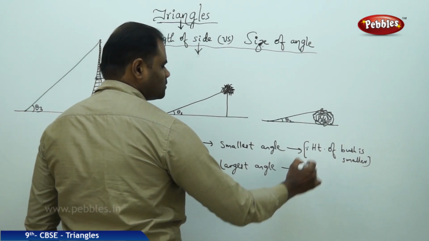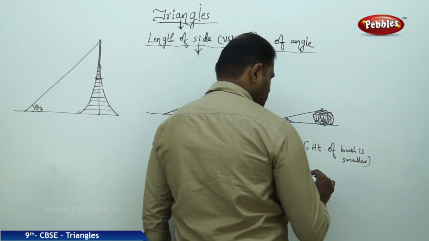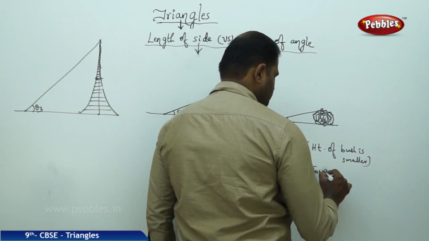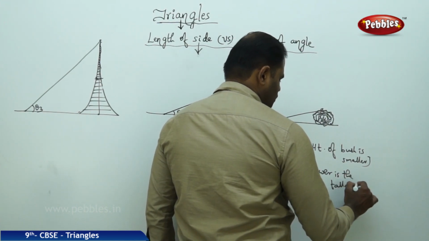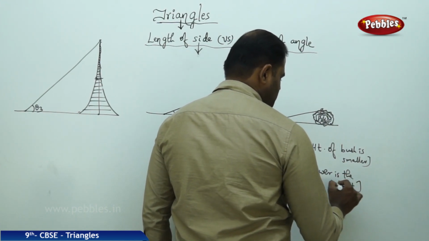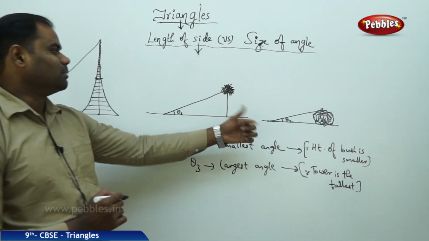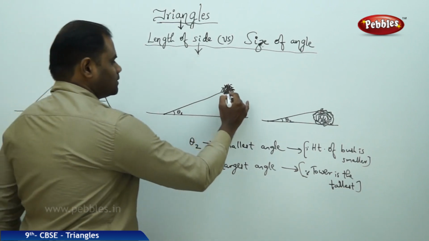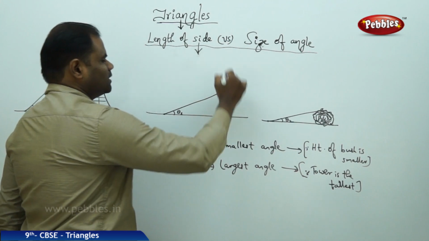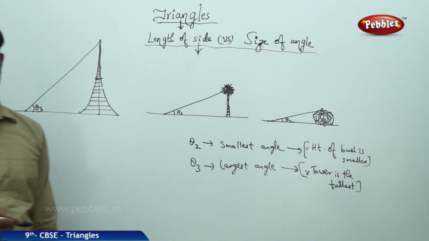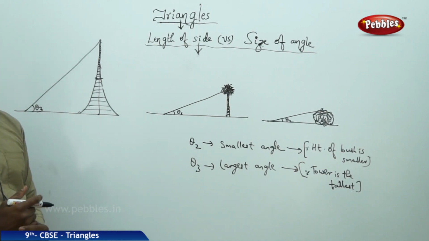Because the height of the tower, since the tower is the tallest of all the three different situations which are taken, out of the bush, the palm tree and this, the tower is the tallest. That's how we understand the connection between the bush, the palm tree and the Eiffel Tower.